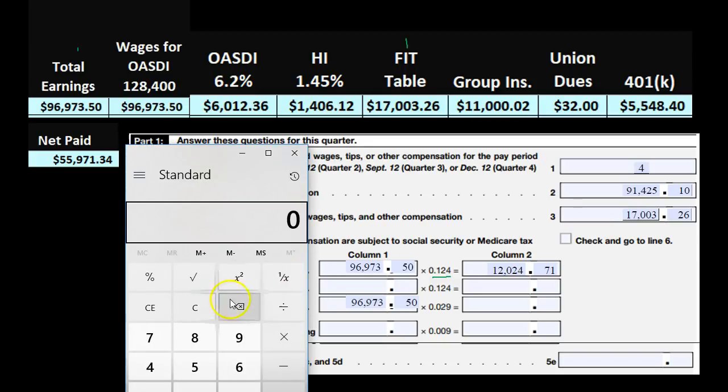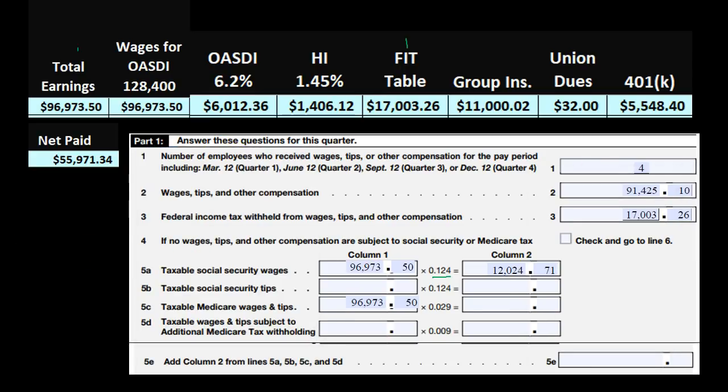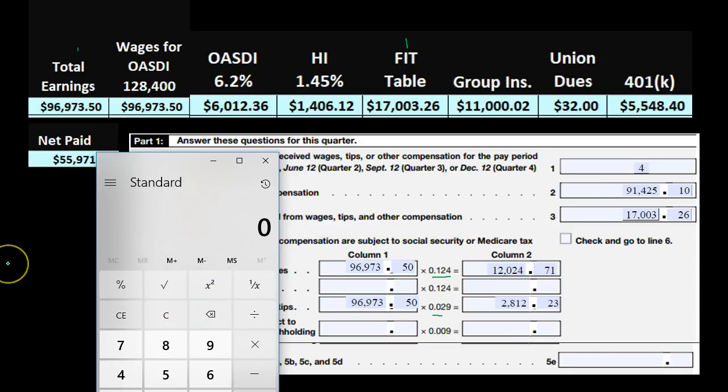So we're going to take, once again, that 96,973.5 times 0.029, giving us 2,812.23. So that's going to be this 2,812.23. Again, we might not recognize that number, that 0.029, and that's because it's the employer and employee portion, or in other words, it's 0.0145 times 2.